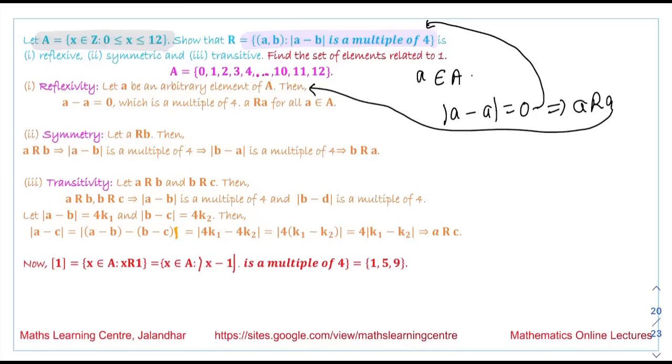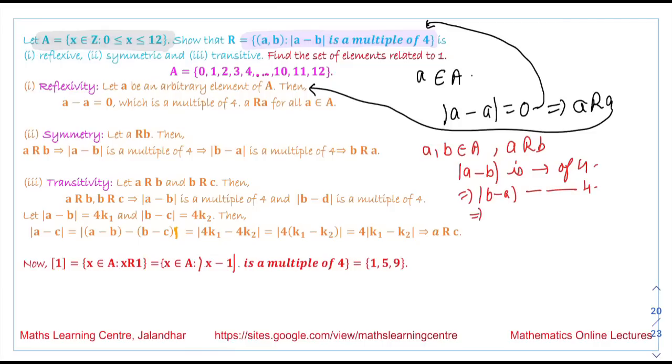Next, second step: if we consider two elements a, b belonging to A such that a is related to b, it means mod of a minus b is a multiple of 4. This implies mod of b minus a is a multiple of 4, and this implies b is related to a. So we get that this relation is a symmetric relation.